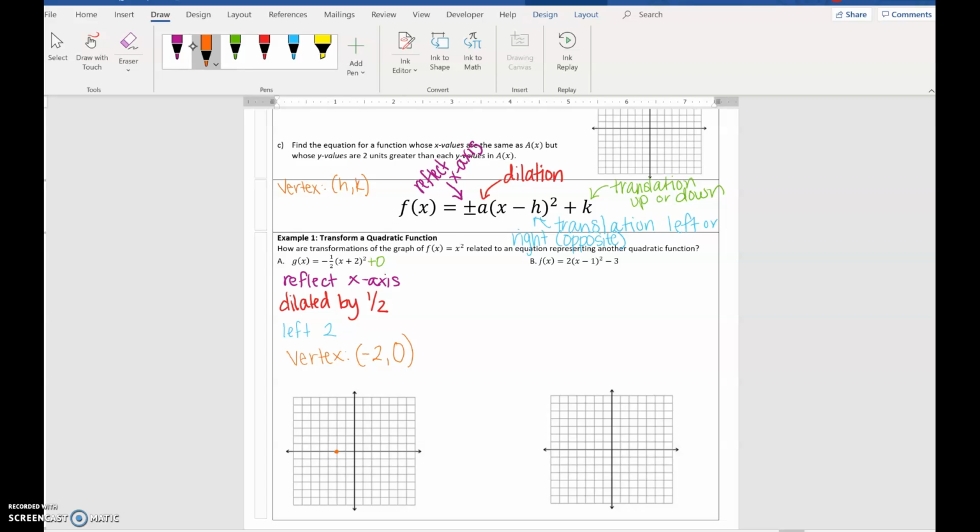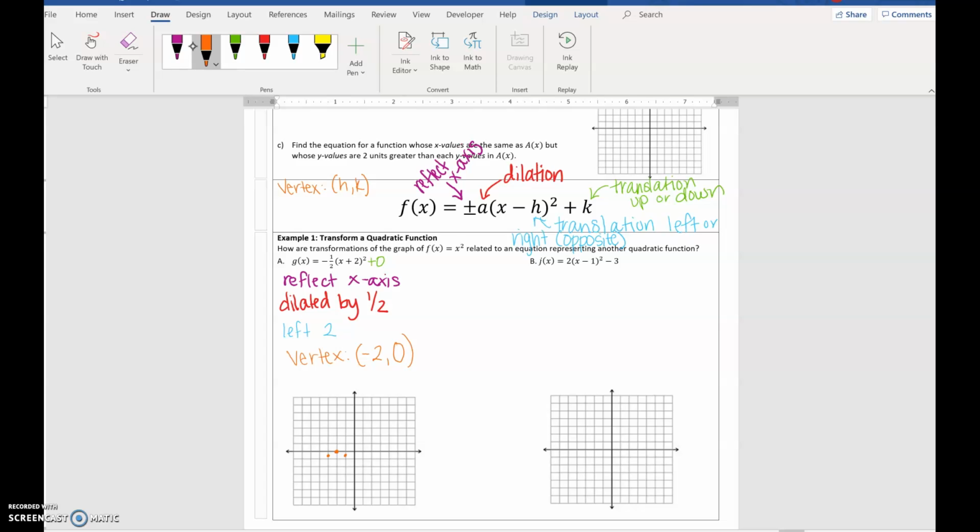And then we said it's reflecting the x-axis, so it's going down. And instead of going our normal, we're going to take all our y values and times them by 1/2, so we're going half of what we normally would. Normally we would go over 1, down 1, but we're actually just going to go over 1 and then 1/2 on both sides, because remember our U shape is symmetrical on both sides, meaning it's the same on both sides.